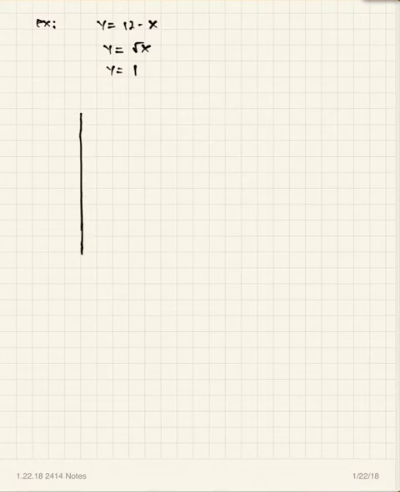So you've got y equals 12 minus x. The intercept is way up there at 12, and so I'm going to stretch this out a little bit like this. When x is 0, y would be 12. 1, 2, 3, 4, 5, 6, 7, 8, 9, 10, 11, 12 is way up here, and that's the y-intercept.